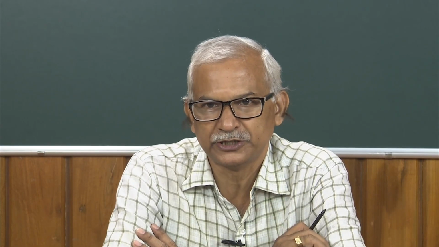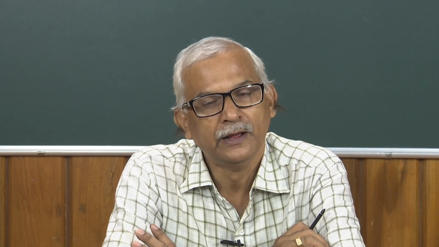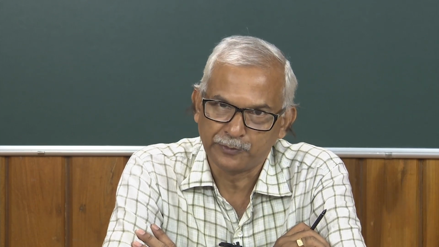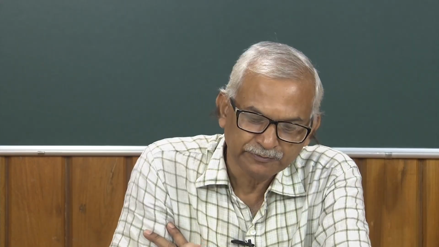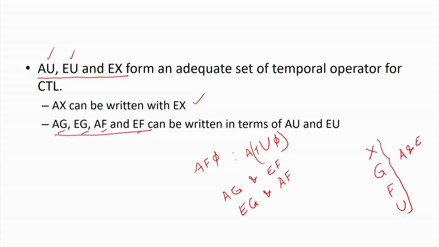This is one particular set of temporal operators. We may have other adequate sets of temporal operators. Now, you can correlate with these things. We are having three logic operators: disjunction, conjunction and negation. We said that this set is also a complete set of operators for propositional logic, or logic families, because any other operator can be expressed with the help of these three operators.